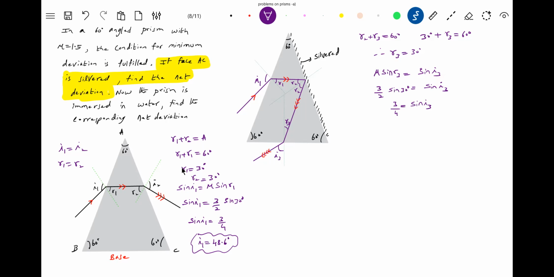So we have to calculate again. I3 will be 48 point something. This is very important: these two angles will be the same.